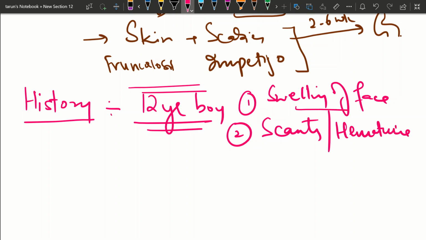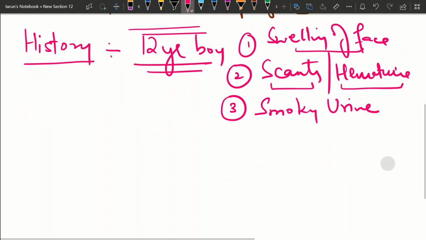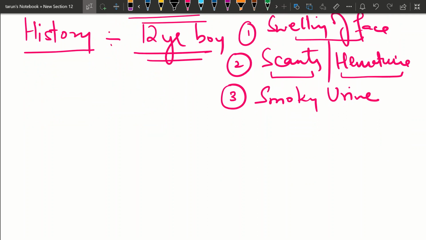Also there is passage of protein in the urine, and that's why sometimes patients say they have smoky urine. So this will be the history: swelling of the face, scanty urine, hematuria, or smoky urine.